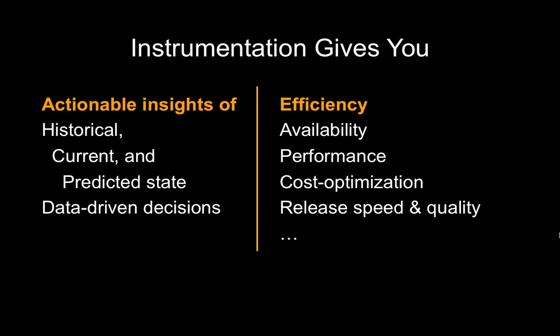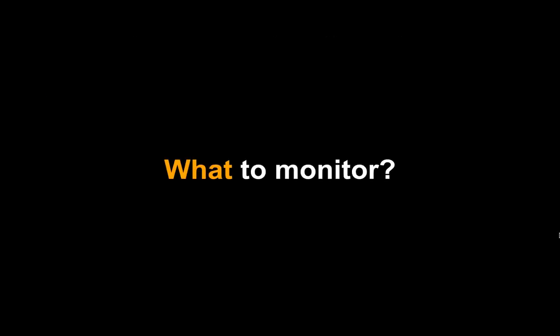Items such as availability of your system, performance, cost optimization, and maybe, if you're developing software, your release cycles, speed and quality, and many, many others. If you don't monitor and measure, you don't know what you are doing, and you don't know if your changes are affecting for the better or for the worse. So those are some of the highlights, a high-level view, of why you should be monitoring.